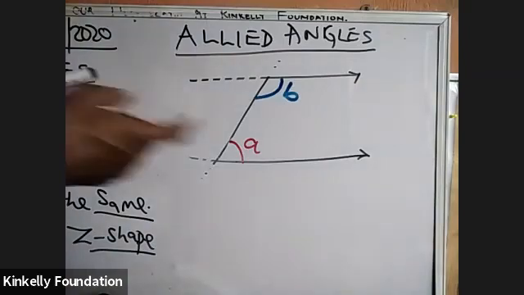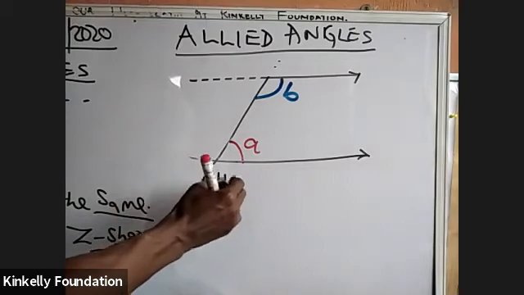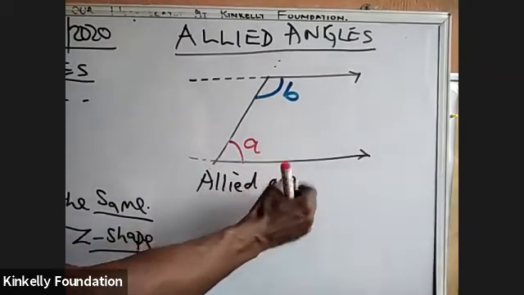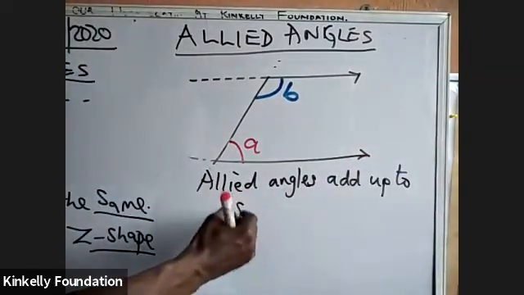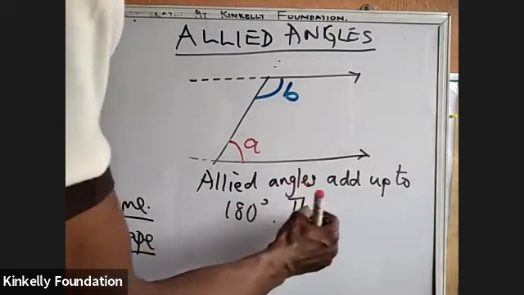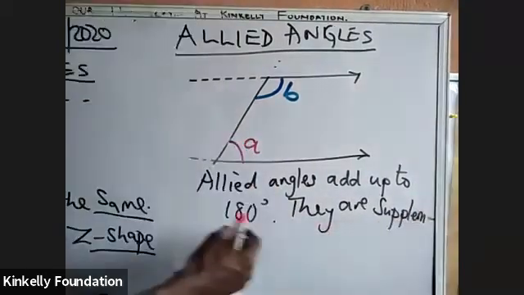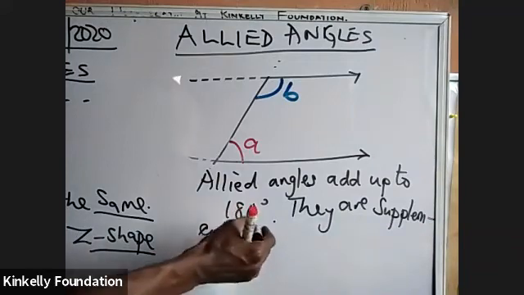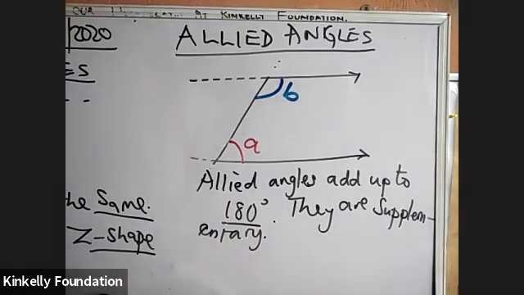Now, one thing you need to know concerning allied angles is that allied angles add up to 180 degrees. You can say that they are supplementary. Now remember, supplementary angles are angles that add up to 180 degrees.